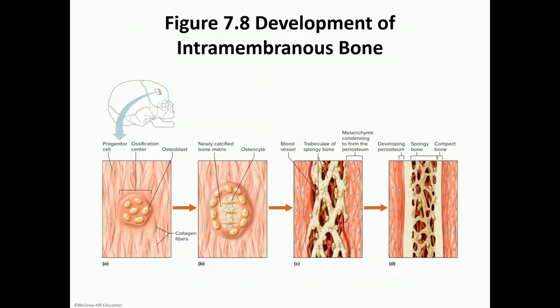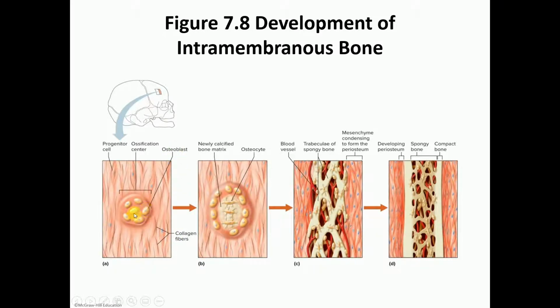So let's take a look at this in an image format. So right here are your mesenchymal stem cells. Again, certain local factors are telling these cells to change into bone. And where the process starts is known as the ossification center. These mesenchymal stem cells will change into osteoblasts.